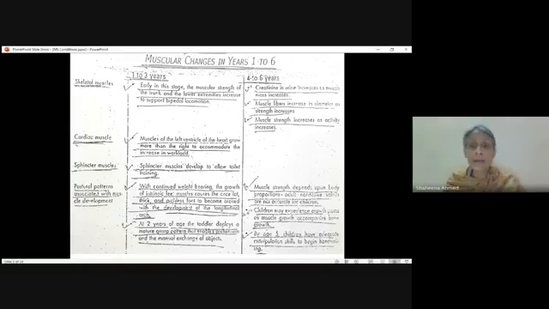Muscle is made up of proteins, and the wear and tear and the breakdown that is happening in these proteins gives rise to the formation of creatinine, because creatinine is a byproduct of protein metabolism.